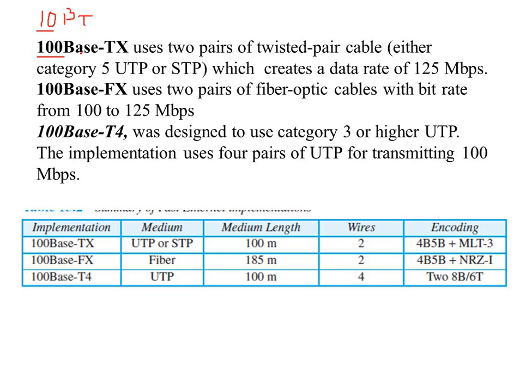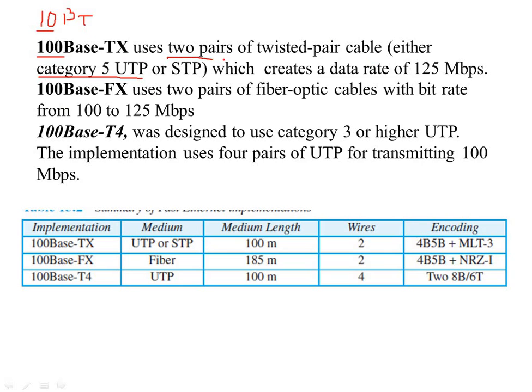Now base TX means it is a twisted pair cable and it is a category 5 UTP cable, that is unshielded twisted pair cable, or a shielded twisted pair cable, you can also utilize it, which gives a data rate of 125 Mbps at the maximum, or that speed you can achieve with this TX cable.